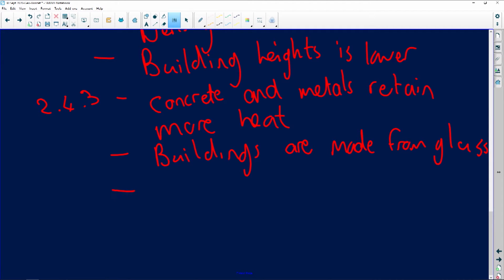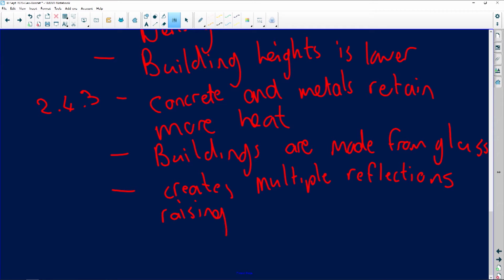Now, the problem with the glass, it creates multiple reflections, and thus raising the temperature.